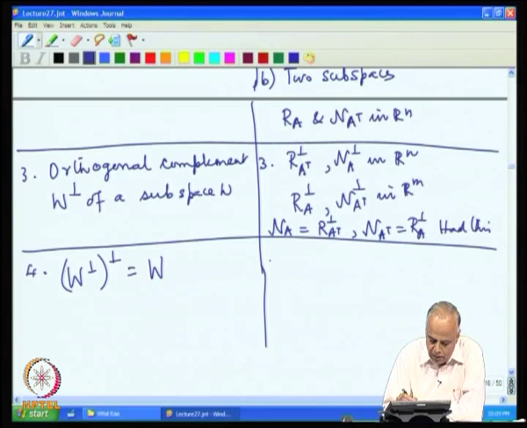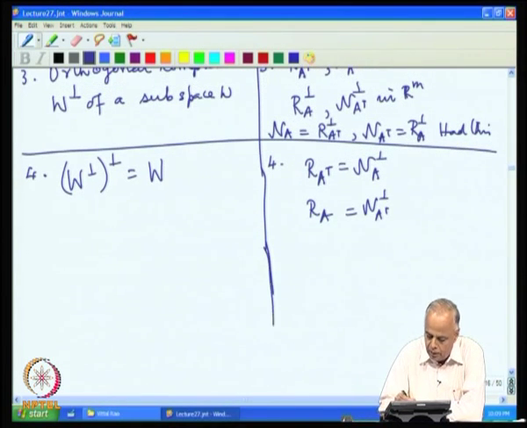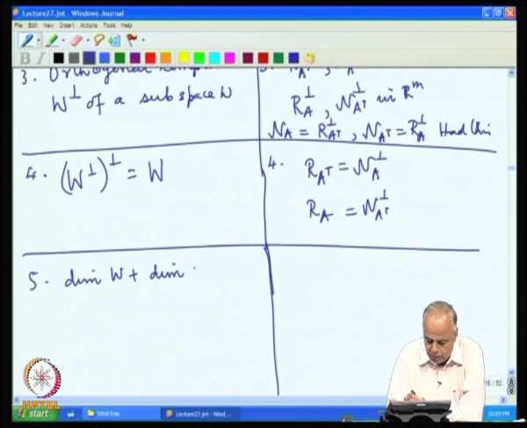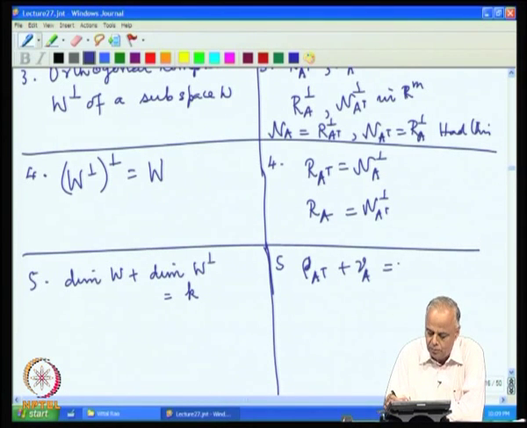When we use that in the matrix situation, we got that R(A transpose) is N(A) perp and R(A) is N(A transpose) perp. Consequently, using dimension of W plus dimension of W perp equal to k, we get the rank of A transpose plus the nullity of A is equal to n.